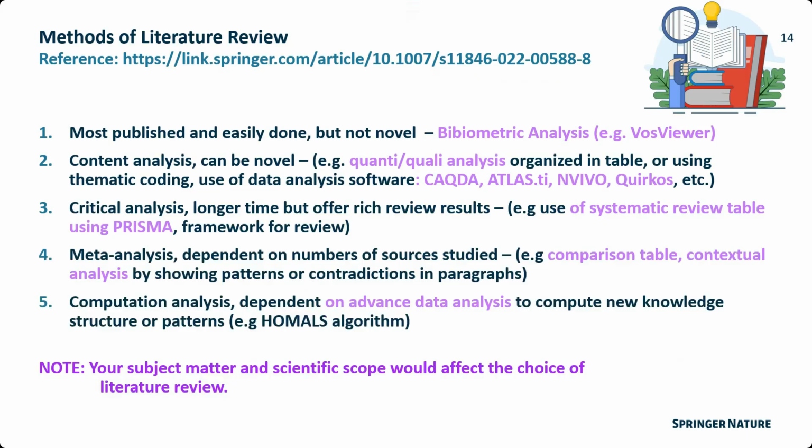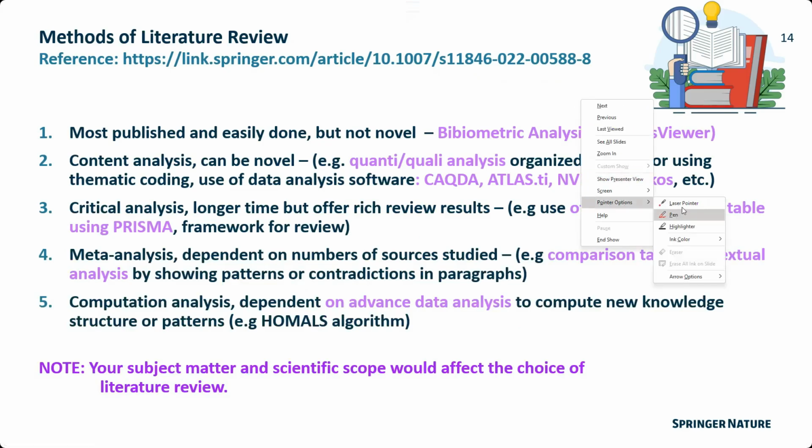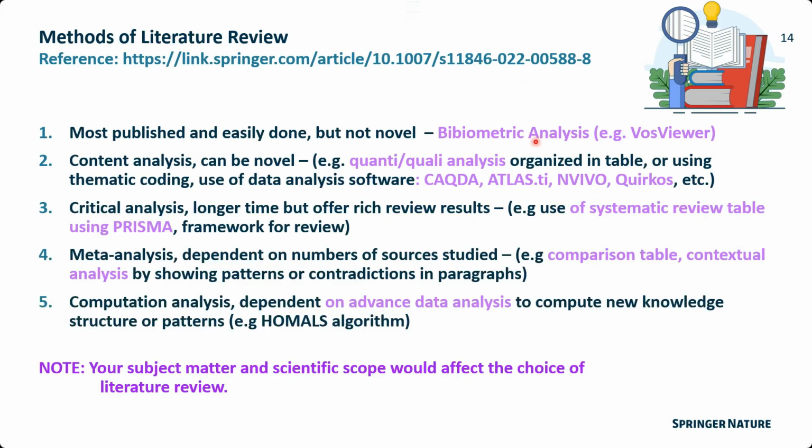So when you do your literature review, what are some of the considerations you should make? Firstly, a lot of us jump into trying to find the articles first. But we often forget what is the method of literature review you want to incorporate. Meaning to say, how will your literature review be framed?